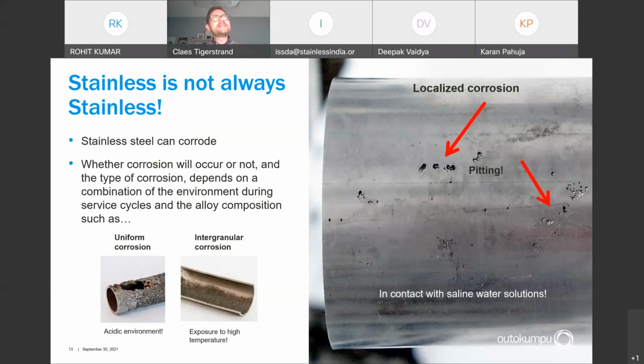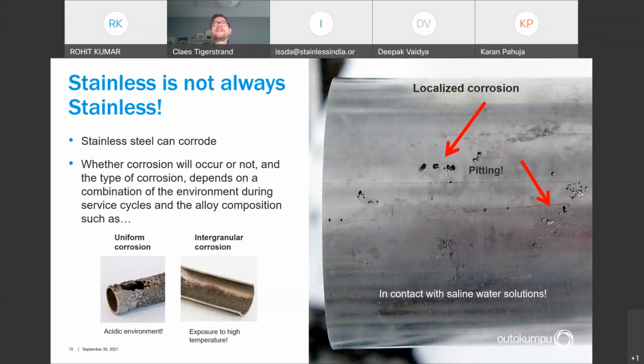And yes, stainless is not always stainless. Stainless can corrode. And whether corrosion will occur or not, and the type of corrosion, depends on a combination of the environment during service cycle and the alloy composition.